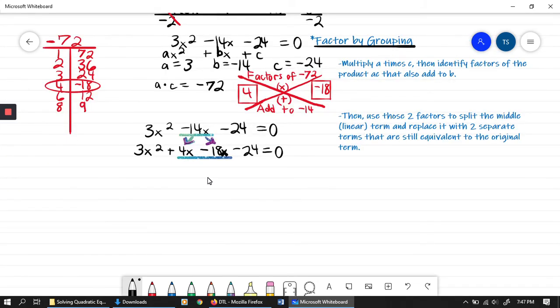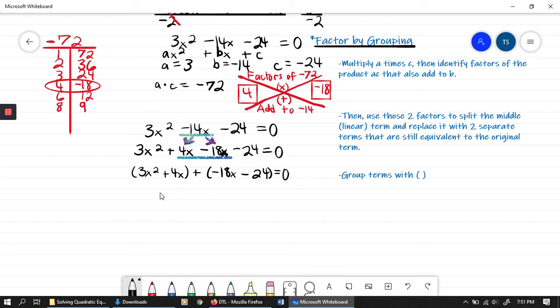So remember that with factoring by grouping, the first thing that you do, if you've got an expression with 4 terms that could be factored by grouping, is you want to group your terms. You group the first 2 terms together and you group the last 2 terms together using parentheses. Alright, so we've got our terms grouped with parentheses.